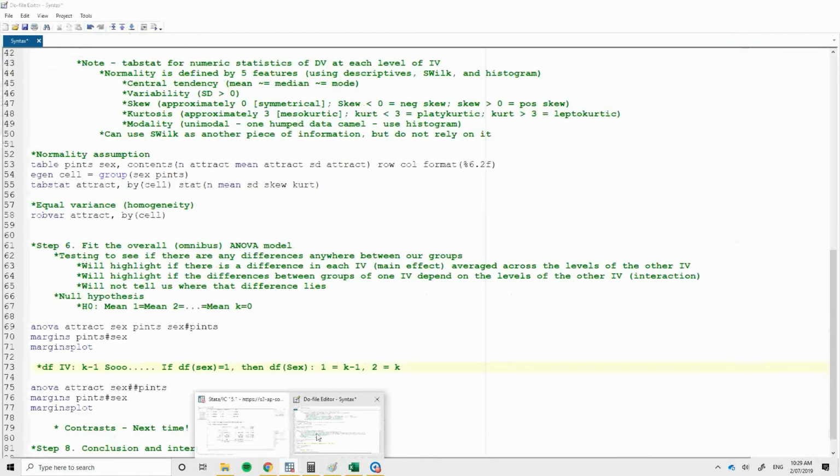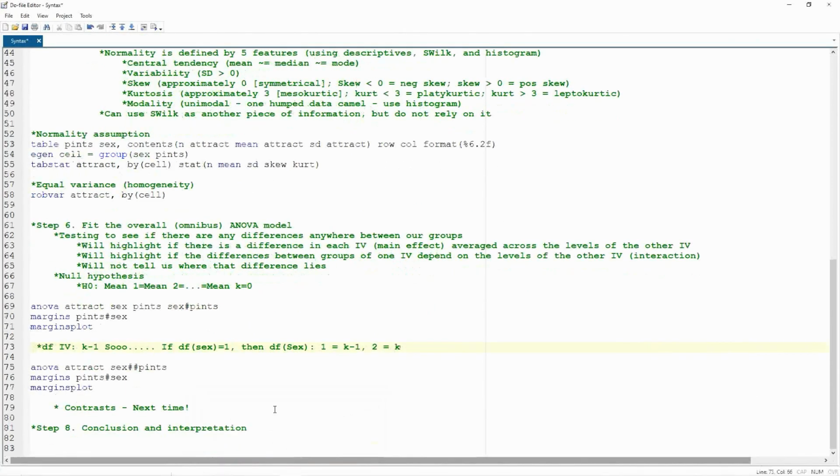Now, what we can do to get our head around what this interaction looks like is we can actually use what's called marginal means. So marginal means is just calculating those cell means in the middle. We can get this using the margins command, and we go margins pints#sex.